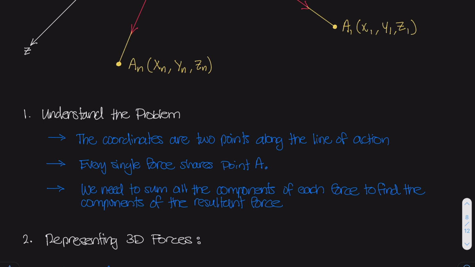We need to do the same thing here, except we're dealing with 3-dimensional forces, so each force has 3 components, one along the x, y, and z axes. We sum all of those components, and that's how we get the components of the resultant force.